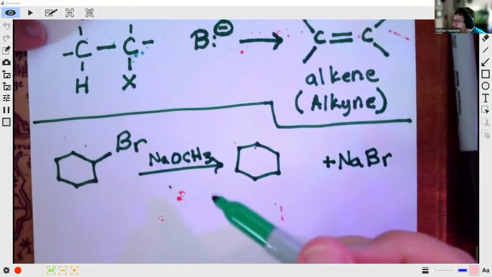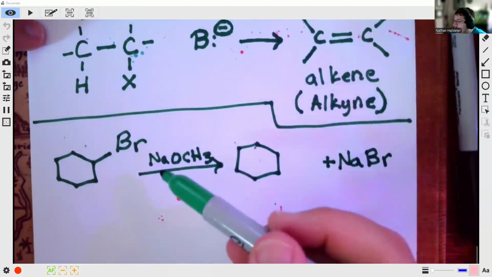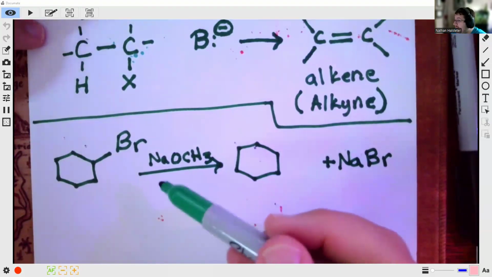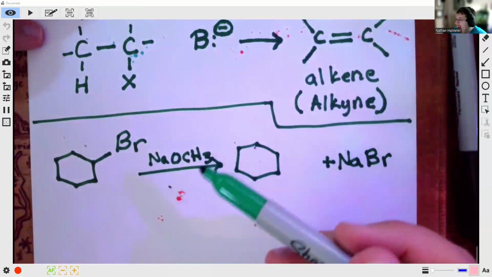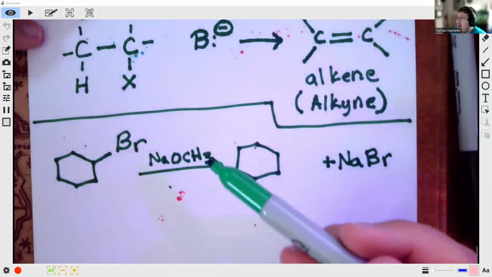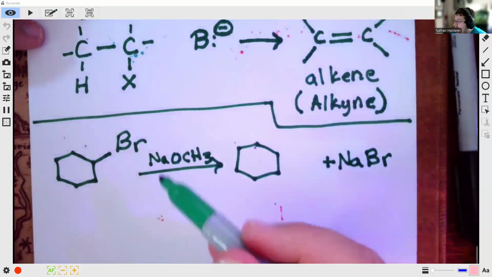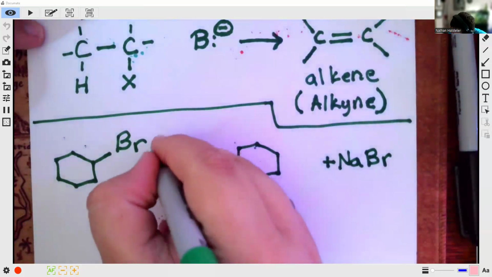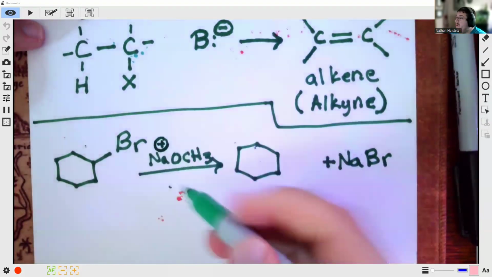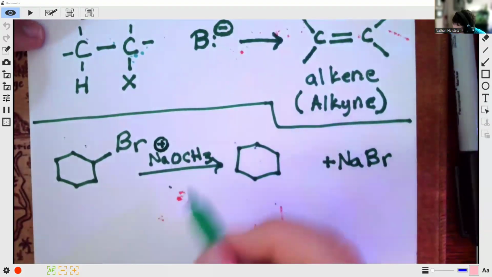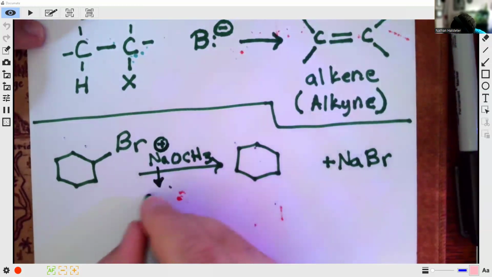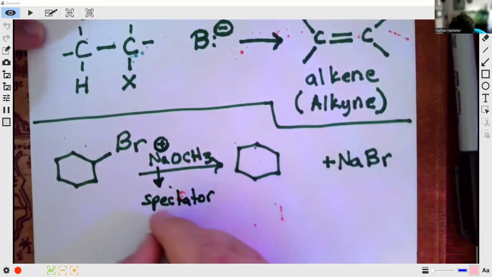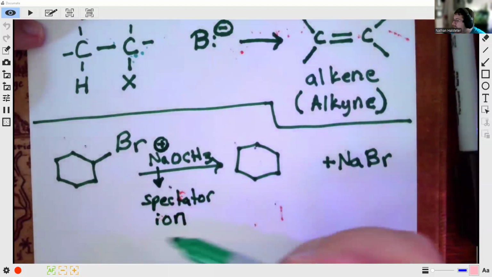Well, let's think about it. What's our nucleophile? Here we have a sodium, but sodium, just like lithium and other metals, we don't care about them. We're organic chemists. We care about carbons and oxygens, nitrogens, hydrogens. Metals, we don't need them. So anytime you see a metal like this, especially in front of an oxygen, we call that a spectator ion. It doesn't really involve itself with the overall reaction.